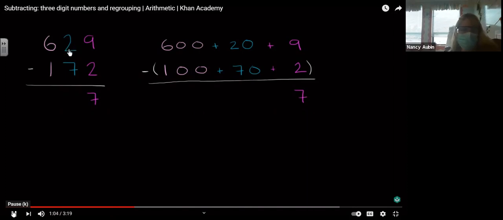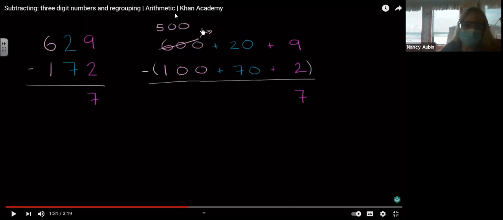Well, luckily, we have something in our toolkit called regrouping, sometimes called borrowing. And that's why this is valuable. When we're trying to subtract the 7 from a 2, we're really trying to subtract this 70 from this 20. Well, we can't subtract the 70 from the 20, but we have other value in the number. We have value in the hundreds place. So why don't we take 100 from the 600, so that becomes 500, and give that 100 to the tens place.